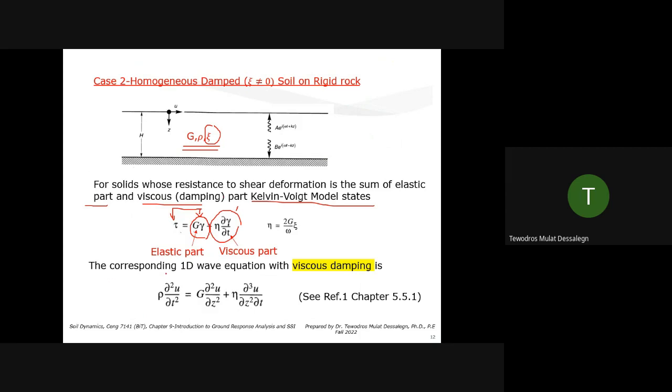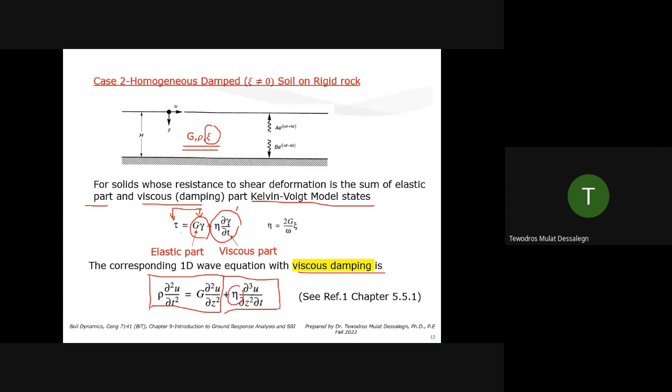The corresponding 1D wave equation with viscous damping. Remember, this is the wave equation without damping. Elastic waves, we were saying. There was no damping. If you are introducing damping into the soil to be more realistic, now we have a third term, which includes the damping part.